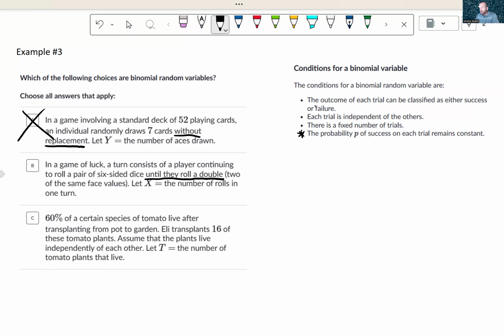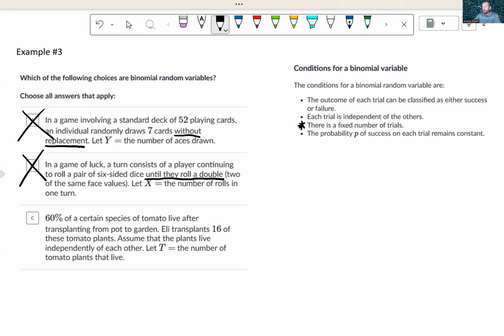That means they're going to keep rolling these dice over and over again until they get doubles. So in this case, there is not a fixed number of trials, and B is not correct either.